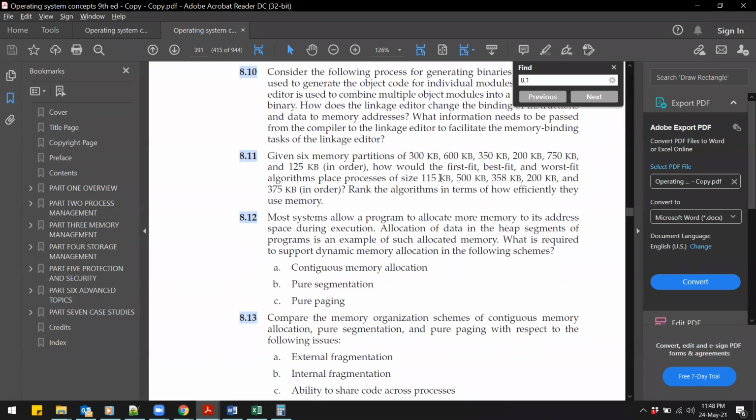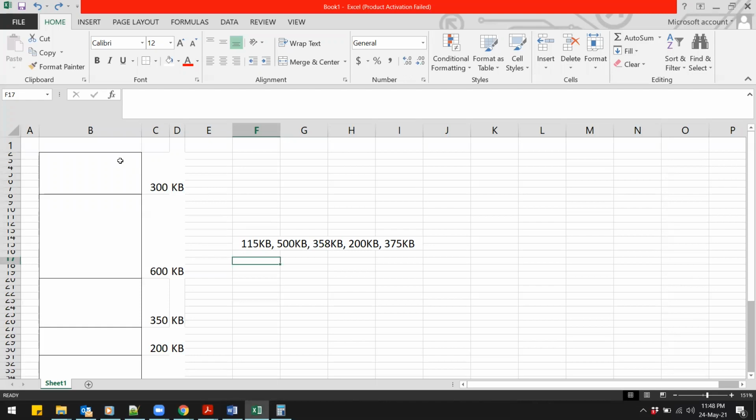In first fit, the algorithm will start from the top of the memory segment, and as soon as a memory space is found big enough to cater for the process, it is going to put that process in that space. So if you use first fit, then 115 KB can fit in this particular segment of size 300. So we'll put it here.